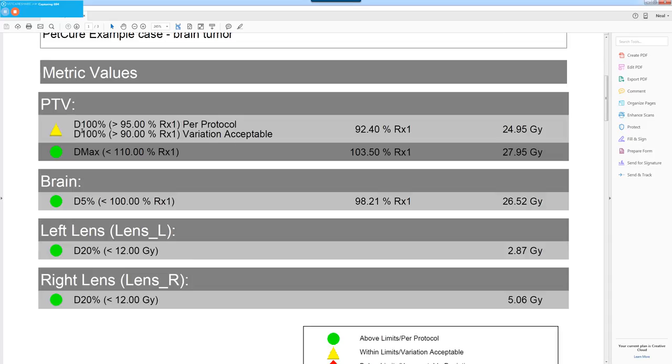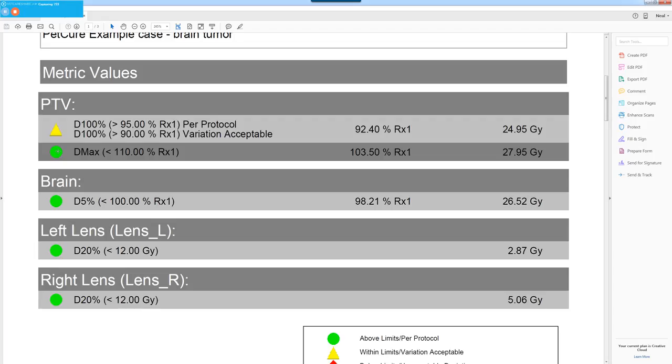Sometimes you just can't hit a metric, and that's because there are constraints between what you can achieve in the tumor and what you may be able to achieve in surrounding normal tissue. So this report actually looks very good, but every once in a while we'll have to make a choice between treating the tumor effectively or giving a dose of radiation to a structure that's outside of our accepted protocol.